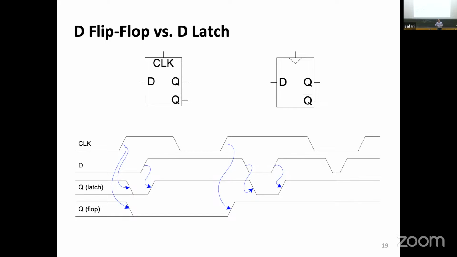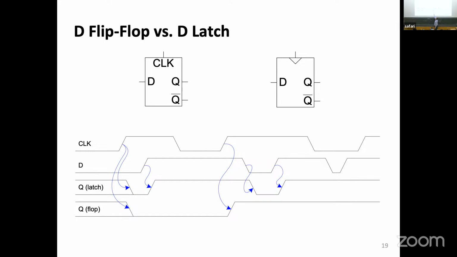Now, realize that sometimes the output changes, sometimes it doesn't. It depends on whether the latch is transparent or in the memorized mode. Flip-flops, on the other hand, this is my argument before we go to the break. Flip-flops are great because you don't have to think too much about them. The only thing that happens is at the rising edge.